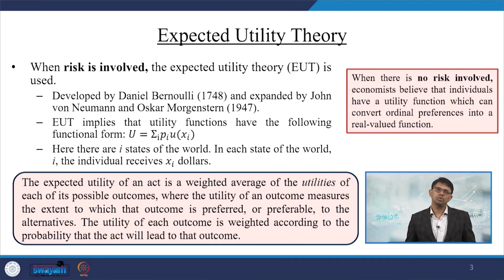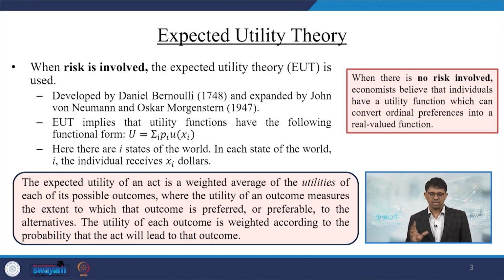But related to the risk content in the utility function, there are initial works emphasized by Daniel Bernoulli. This expected utility theory was originally developed by Bernoulli in 1748, then expanded by von Neumann and Morgenstern in 1947.